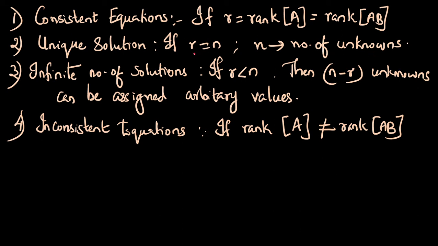If the rank r is less than n, then the system will have an infinite number of solutions. That is, n minus r unknowns can be assigned arbitrary values. If rank of A is not equal to rank of AB, then the system is inconsistent. That is, there will be no solution.